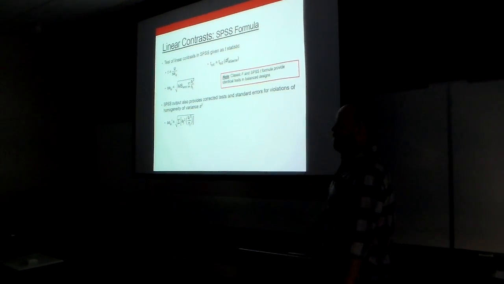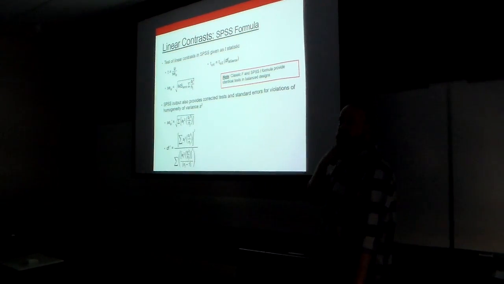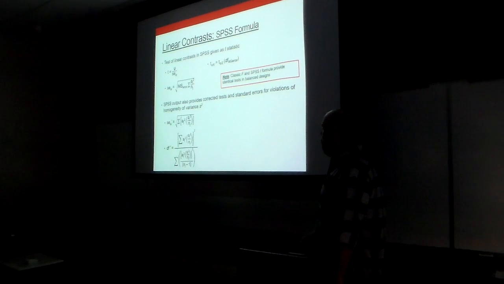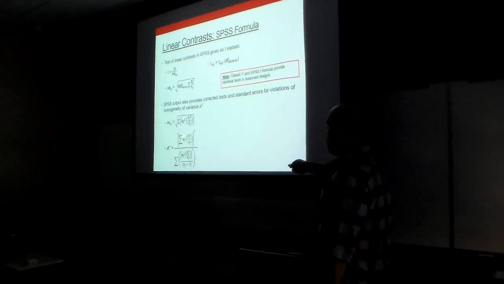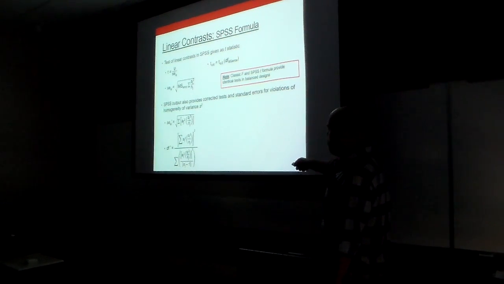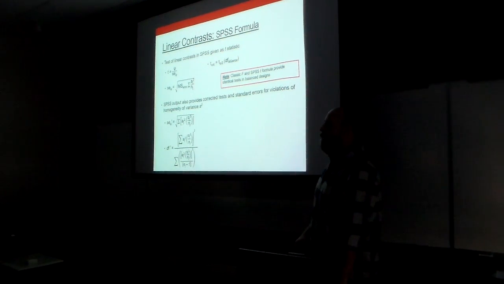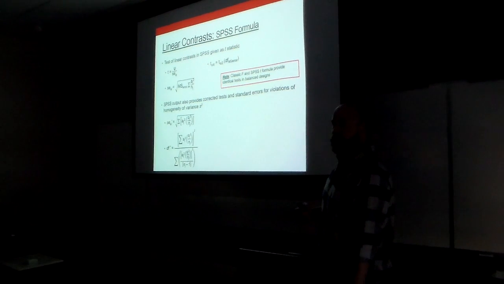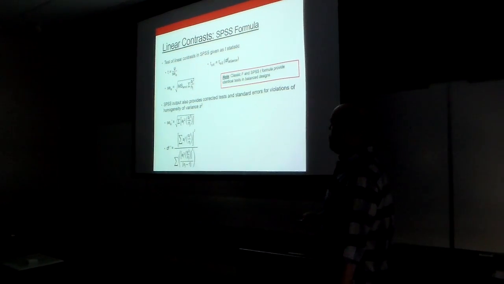Take that squared. And then I'm going to have a corrected degrees of freedom, where we take the sum of my squared weights times the variance of a group divided by the size of the group, do that for all of my weights, square that over the sum of this business down here. Basically, we're just getting a corrected degrees of freedom for this.